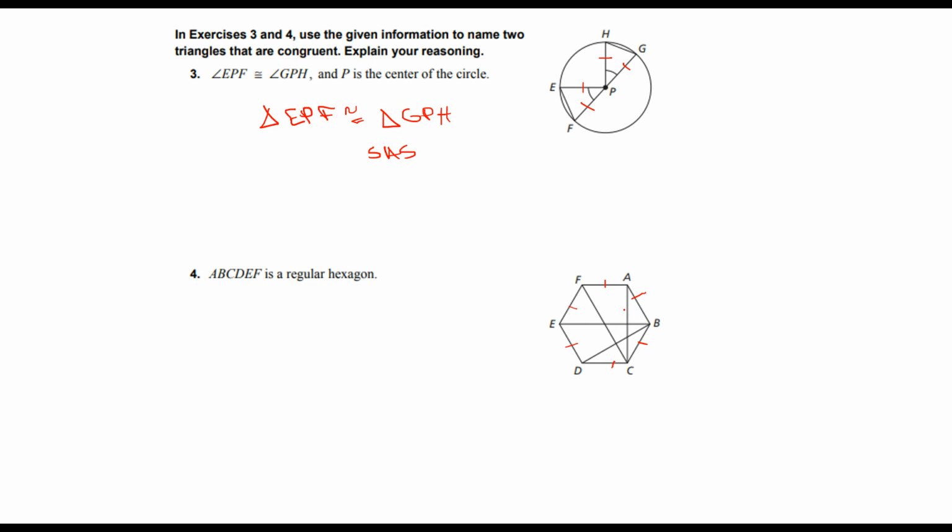Well, what I do see is that this line FC is bisecting this angle.